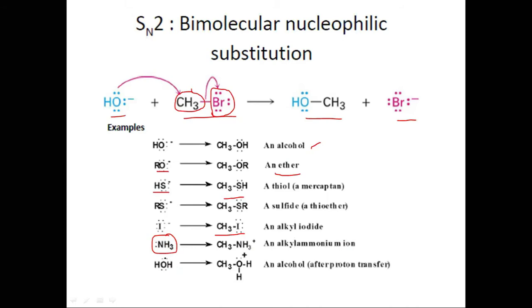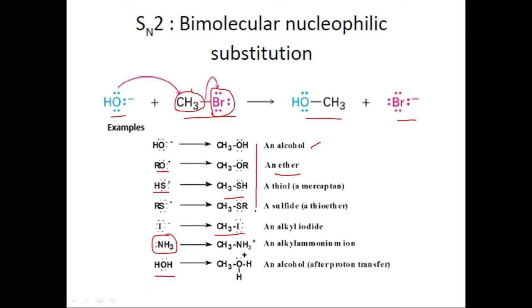If you use water, water will also act as a nucleophile and attack the carbon, the leaving group leaves out, and you will get an alcohol after the deprotonation step.